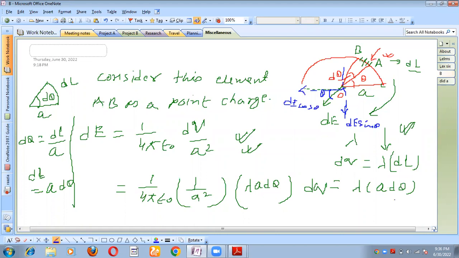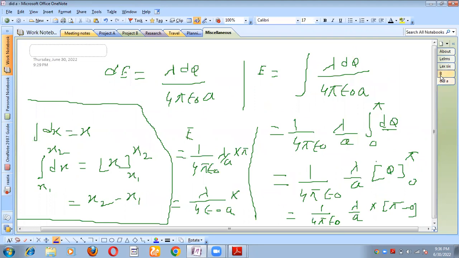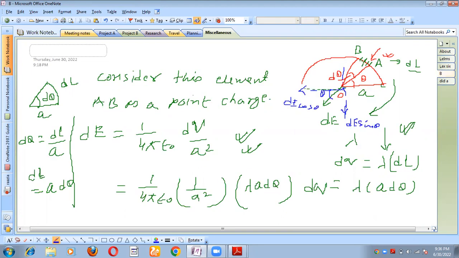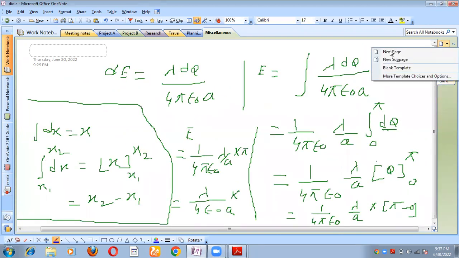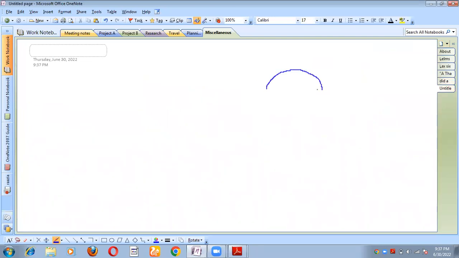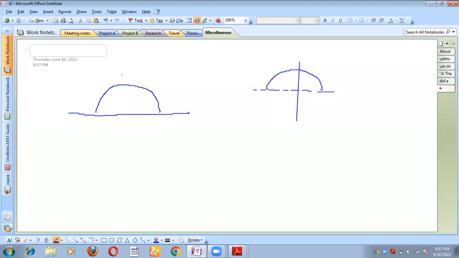So I will draw this diagram on a fresh page. Let us see.